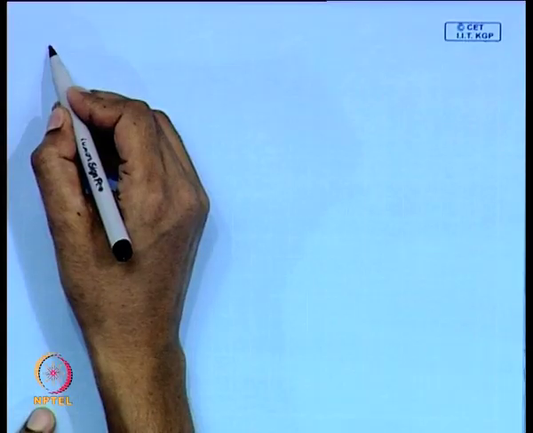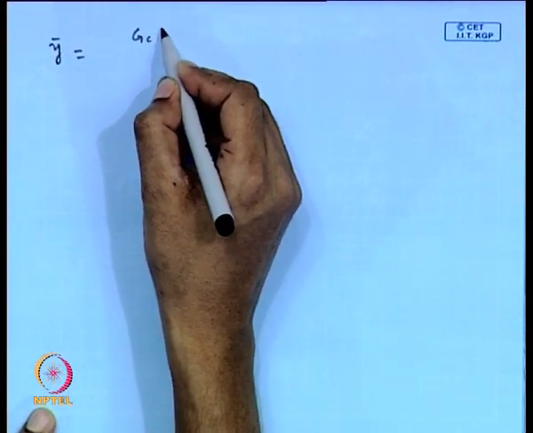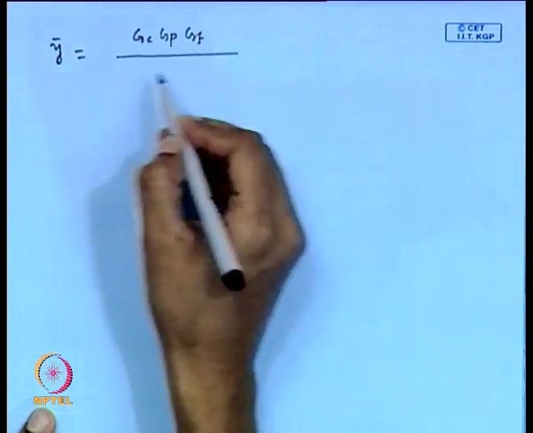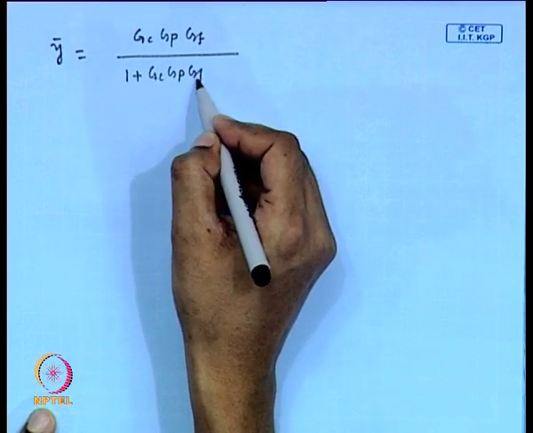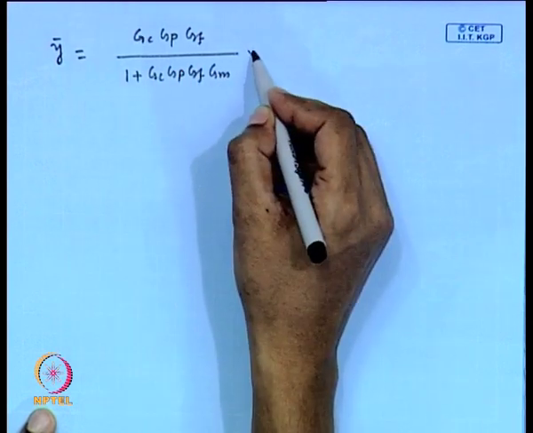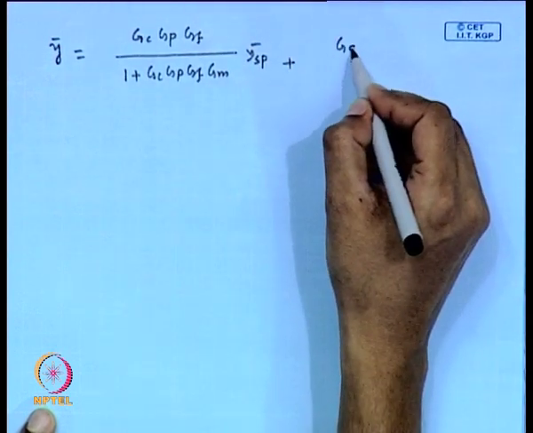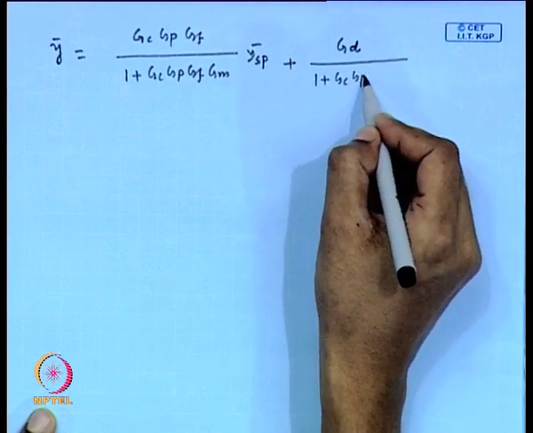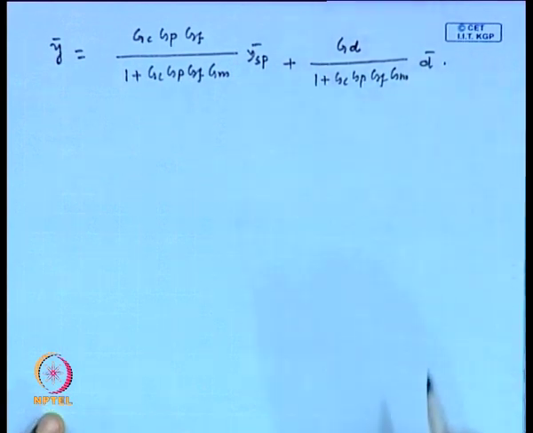So, our original transfer function is G C G P G F divided by 1 plus G C G P G F G M, y set point bar, plus Z D divided by 1 plus G C G P G F G M, d bar.